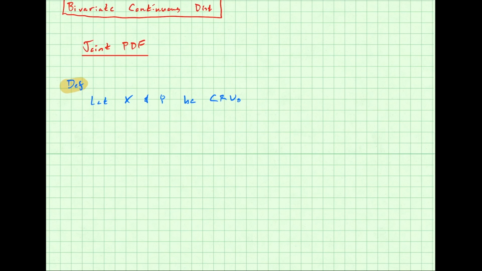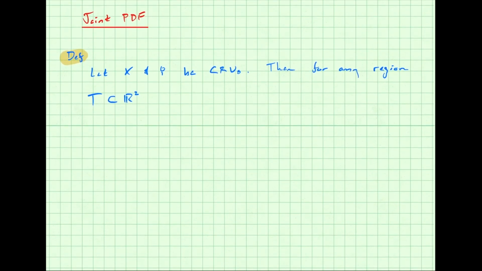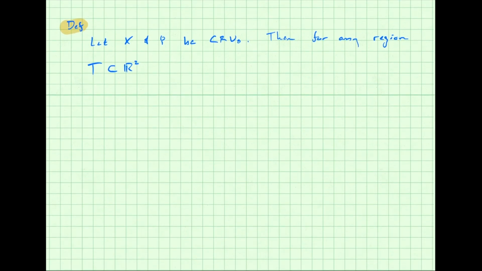So let's say you've got some region. Then for any region, and I'll call that region T, let's say this is a subset of R2, the two-dimensional space of real numbers. I forgot what mathematicians call it, but R2. Then the following statement defines the joint probability density function.